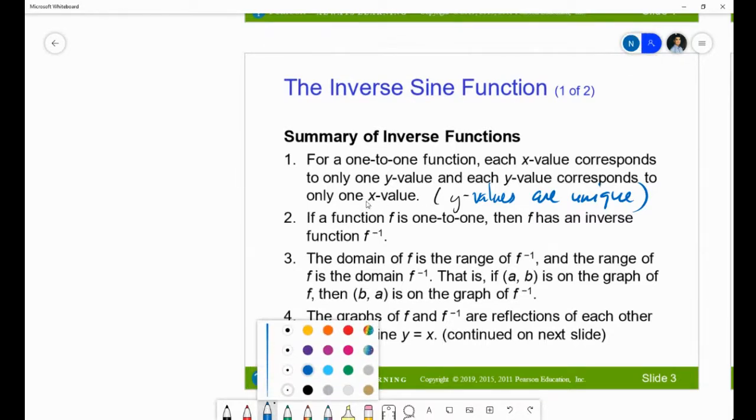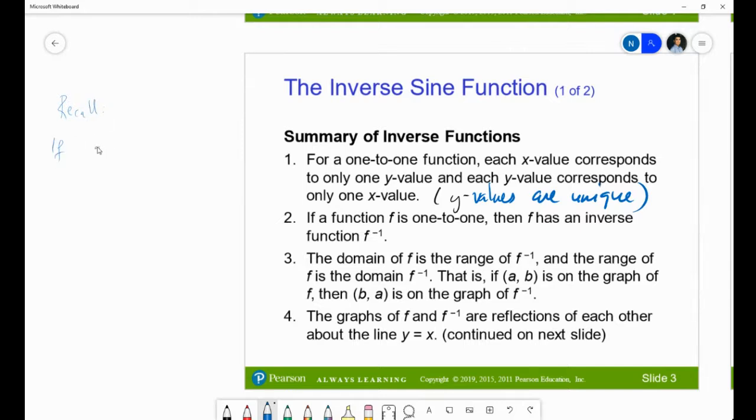Okay, so in order to test to see if a graph has an inverse, we can check to see if it passes the horizontal line test. So let's remember that if a graph is a function, then it passes the vertical line test.